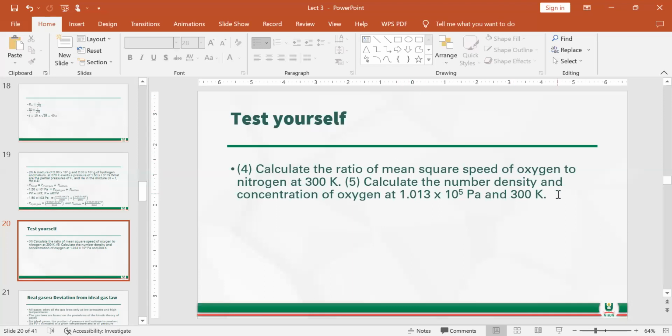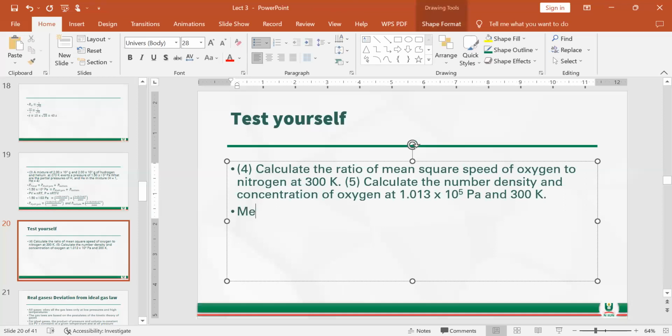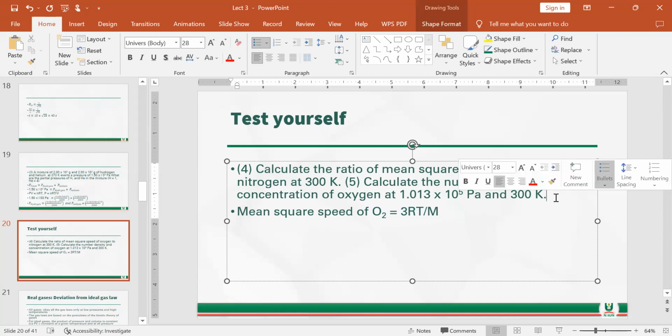So now, first of all, let's see the mean square speed. The mean square speed of oxygen is equal to 3RT all over M, the molar mass. So normally we're supposed to give you the mass of oxygen.